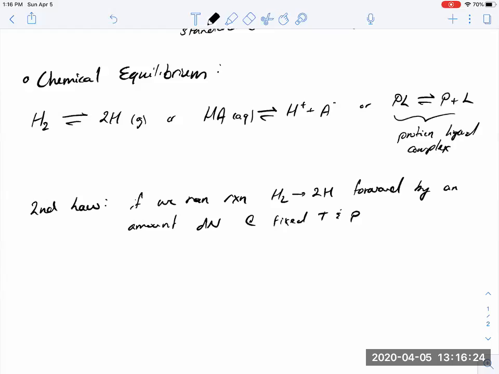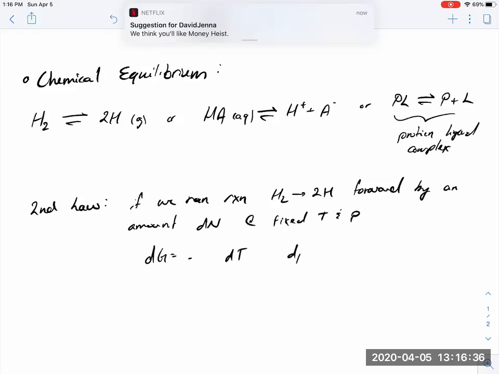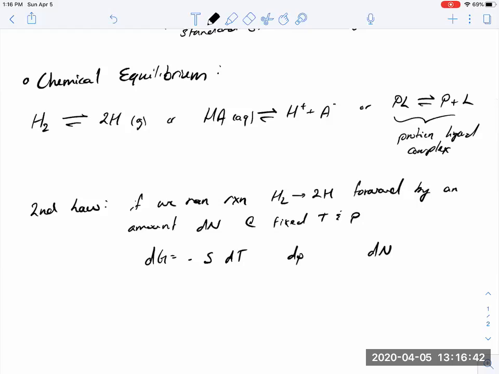If we're working at fixed temperature and pressure, then the free energy we should think about is the Gibbs free energy. The Gibbs free energy is a natural function of temperature, pressure, and the number of particles. What goes with the temperature is minus the entropy. With the pressure, it's plus the volume. And with the number of particles, it's the chemical potential.